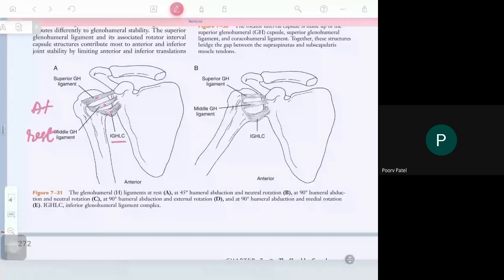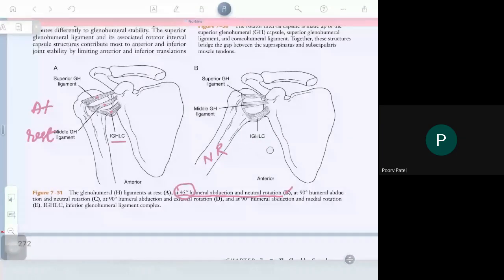Second, B is at 45 degrees of humeral abduction and neutral rotation. The humerus is in neutral rotation, but it is 45 degrees abducted. So what is happening?